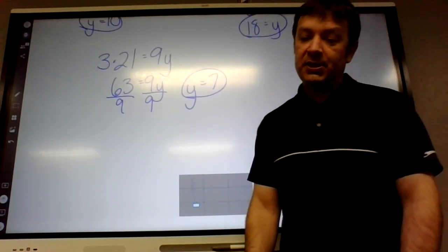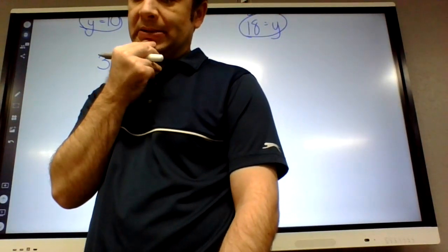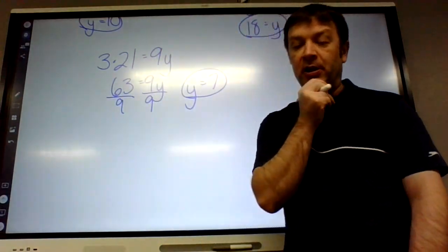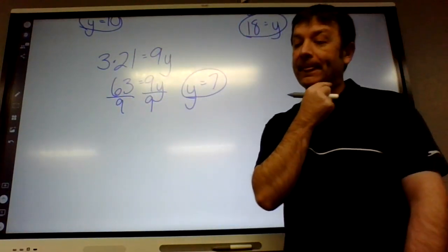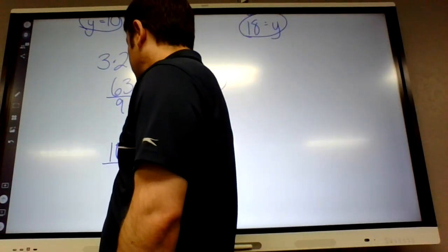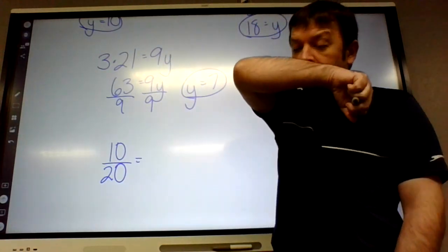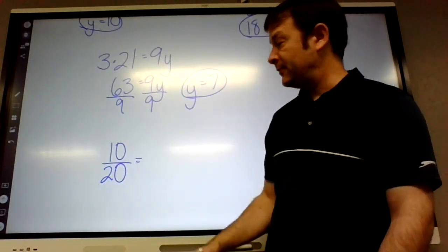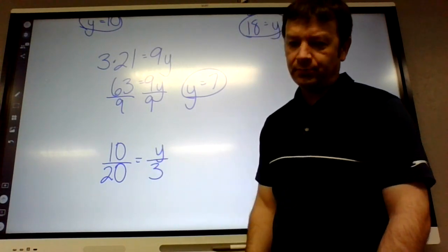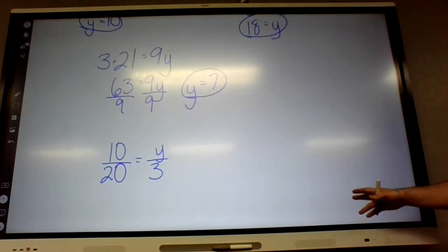Okay, 21 says it's back to varies directly. So this would be a over b equals a over b, or x over y equals x over y. So y equals 10 when x is 20. Find y when x is 3. It'll be another fraction.